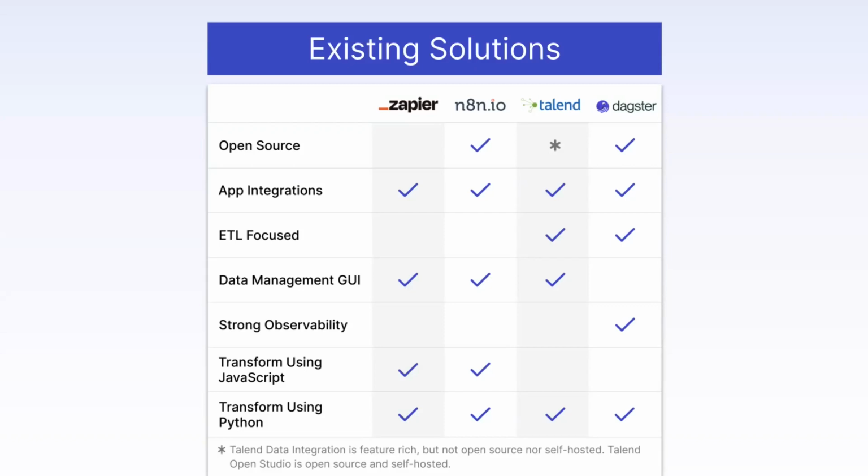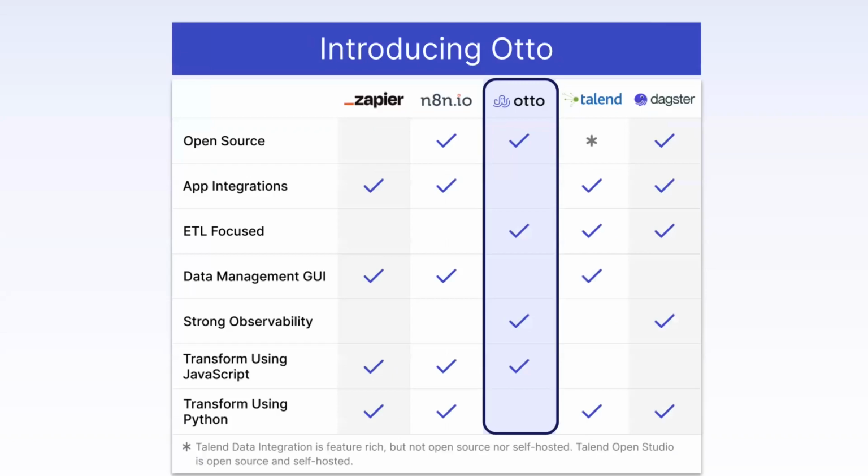However, they can be lacking in terms of observability, and they generally support Python for data transformation instead of JavaScript. So here comes Otto. We are an open source ETL-focused workflow automation tool. We don't provide a ton of integrations like the other existing solutions, but we do provide Postgres and MongoDB integration, which are more relevant to ETL users.